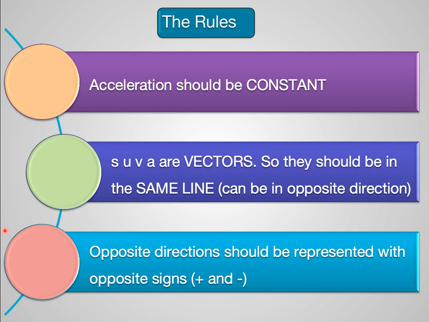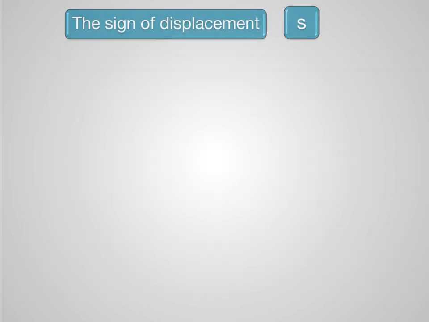Now let's see a more detailed description of what I meant by opposite signs. Let's consider the first quantity, that is displacement. Let's see which displacement you have to take positive and which one to take negative.